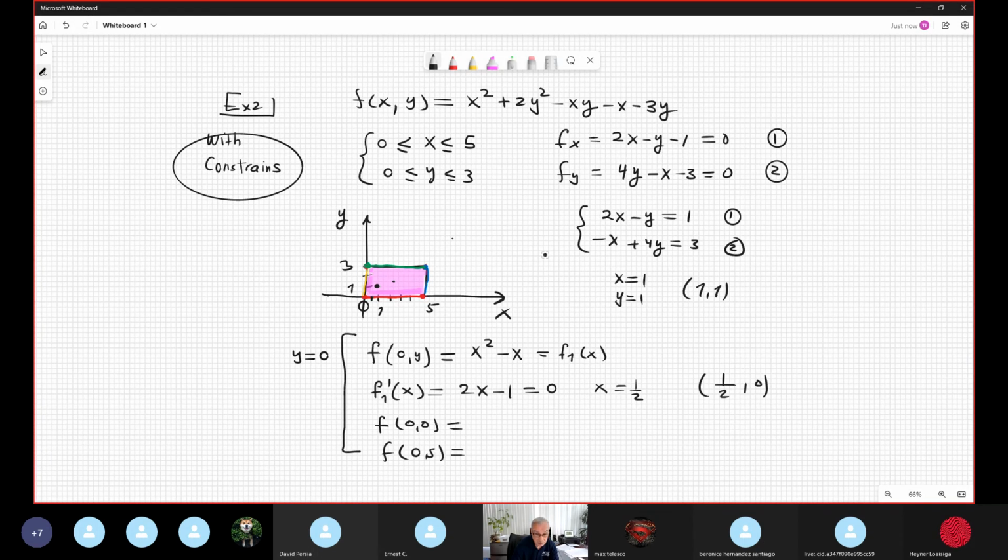Don't forget the corner. So I convert the problem from 2 dimensions to 1 dimension. You navigate along the red segment. I investigate at 1/2. We have 1 critical value.